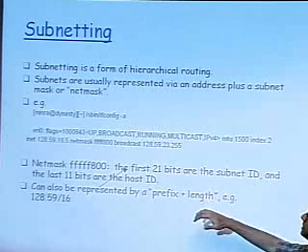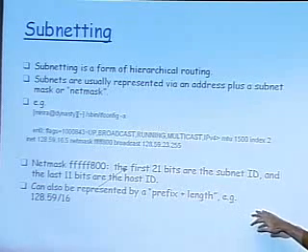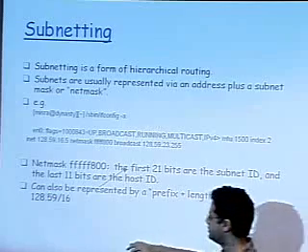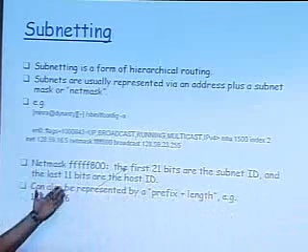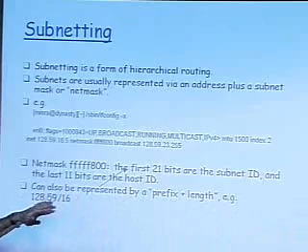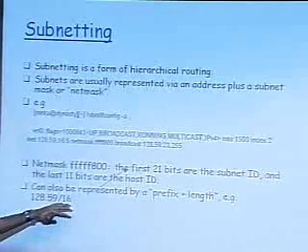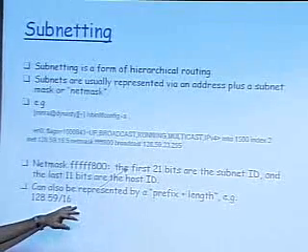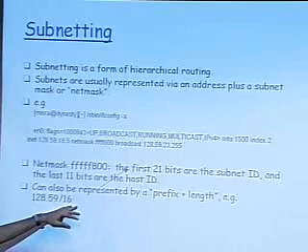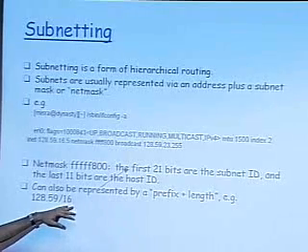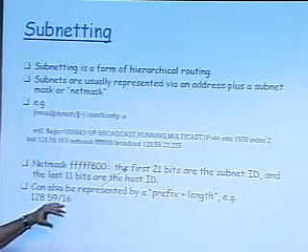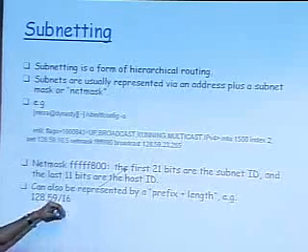You can also represent this subnet by a prefix plus length. So 128.59/16 is the prefix for Columbia and the length is 16 of the prefix. That's identifying the whole Columbia subnet.